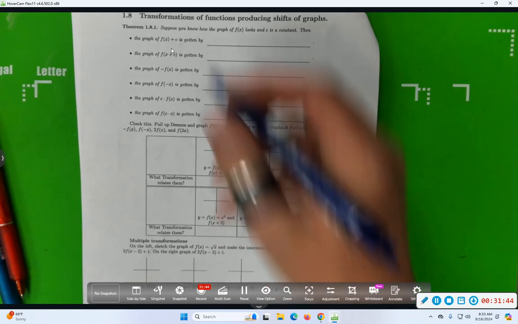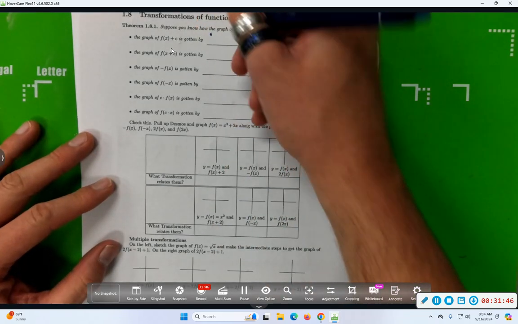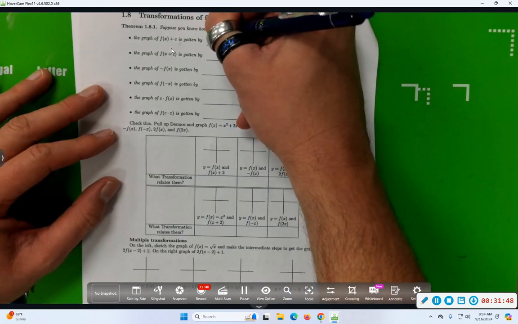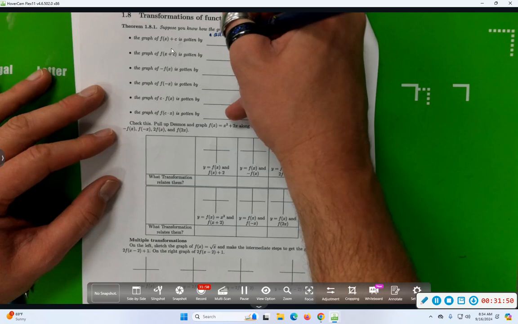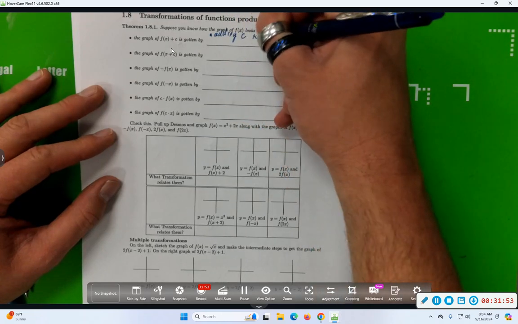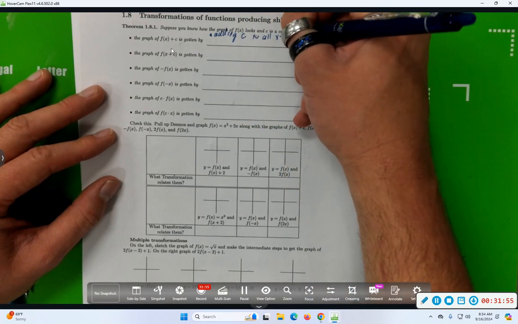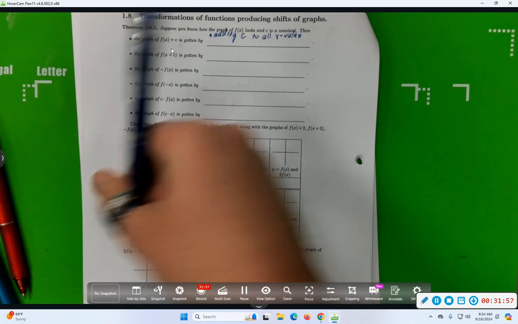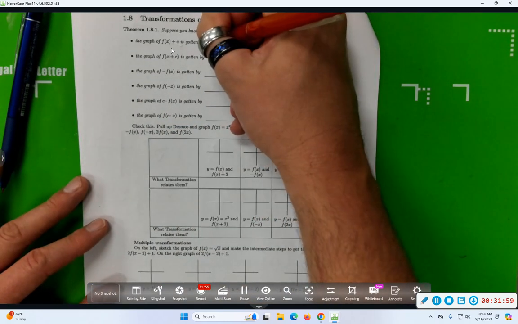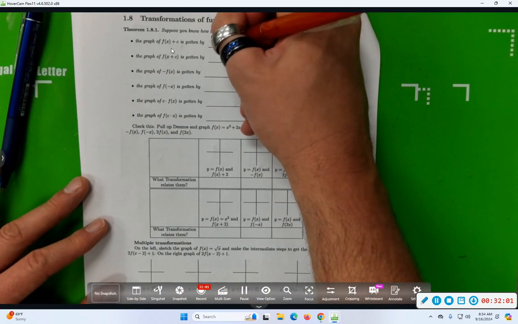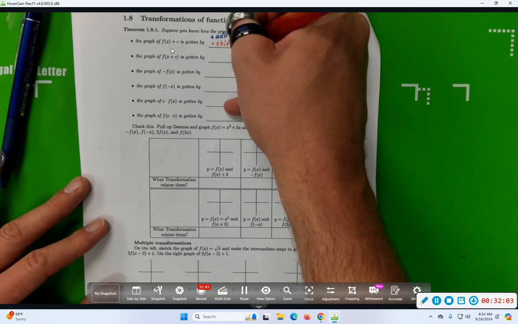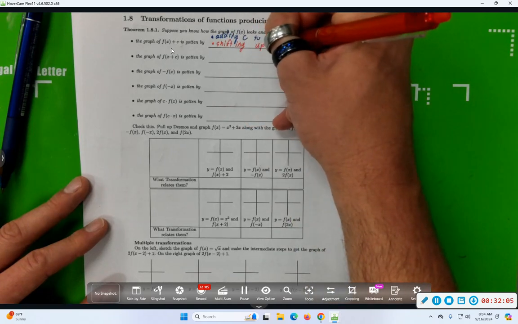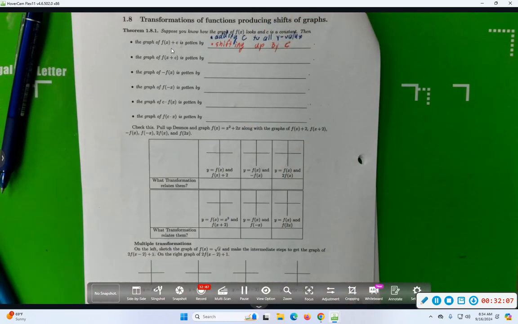I'm going to say this in two ways. The first is adding c to all y values. Another good way of saying that is you are shifting the graph up by c. Let's just see if that actually happens.